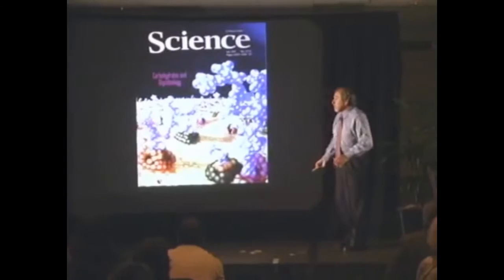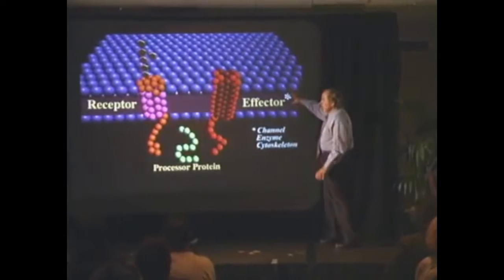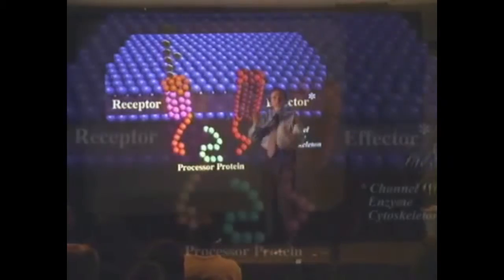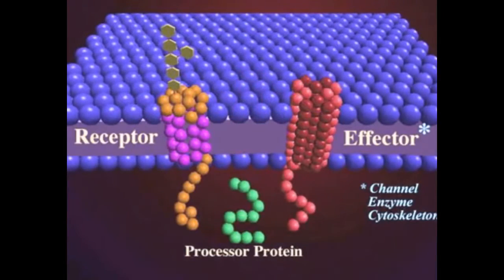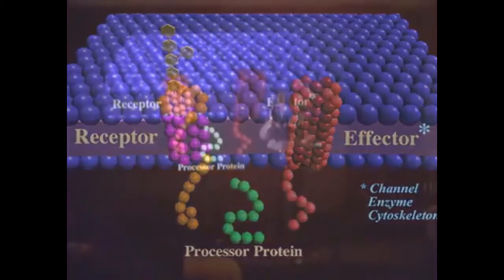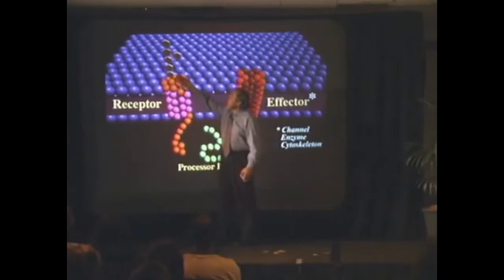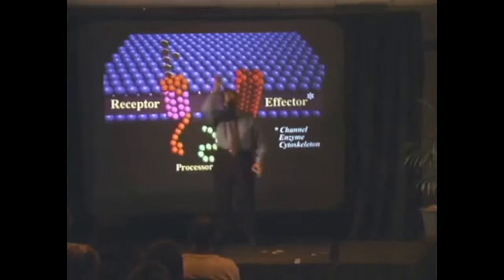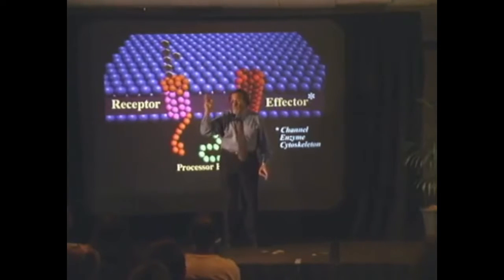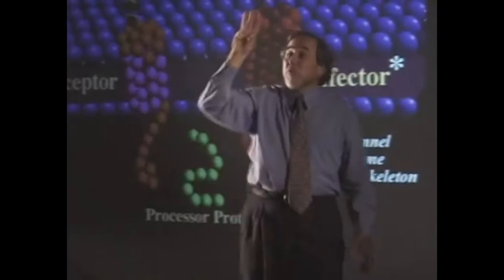Let me explain how it works. Here's the membrane. Here are two different proteins. I'm going to tell you right now, there are thousands and thousands of proteins in the cell membrane, but I can divide them into two groups. One group has antennas on it. And antennas are receivers, just like your television antenna on top of your house before cable.